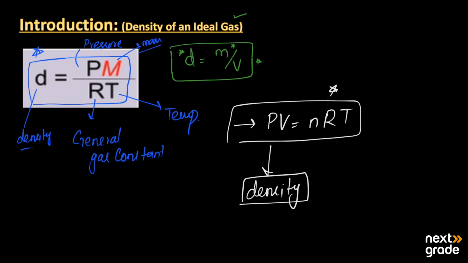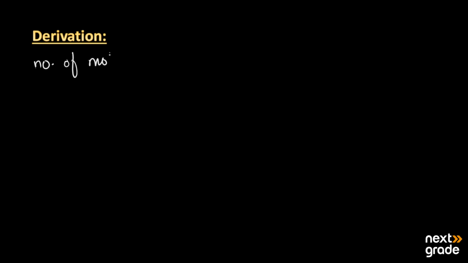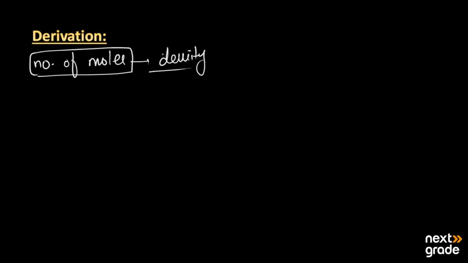For this derivation, we have to just put some values in this equation. Let's have a look. For calculating the density of an ideal gas, we have to substitute the number of moles. When we substitute the number of moles, then we are able to calculate the density from it. So, how can we substitute it?